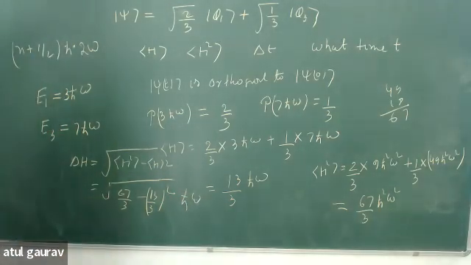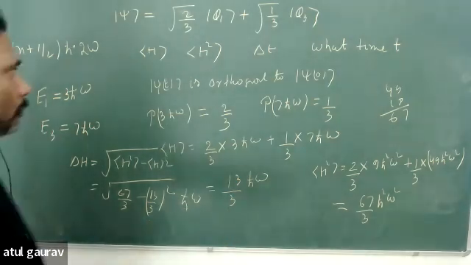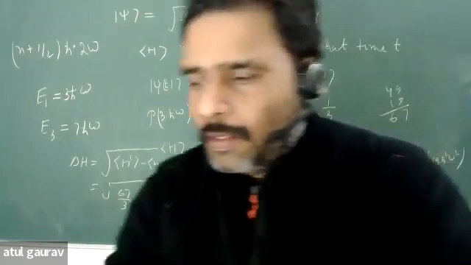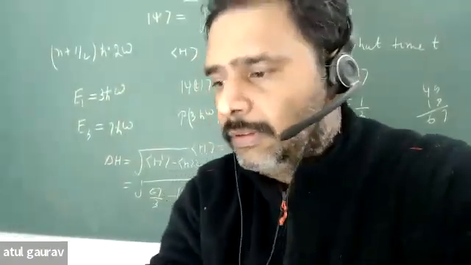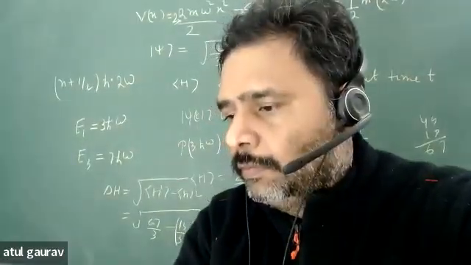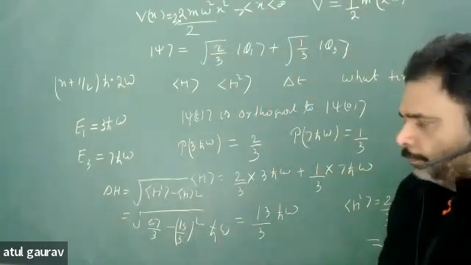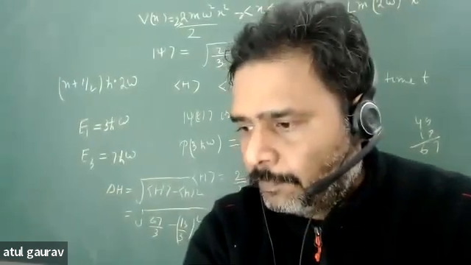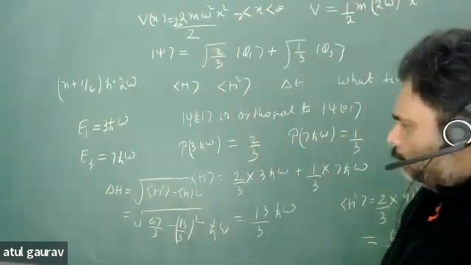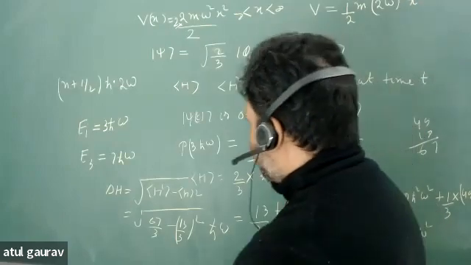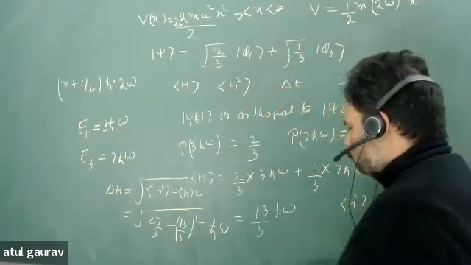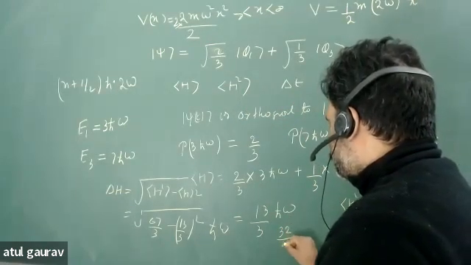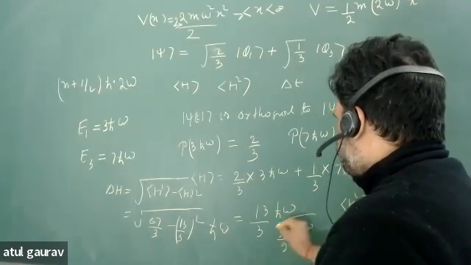How much is it coming? Calculate. Root over of 32 by 9 h cut omega. Yes, sir, this is what is coming.